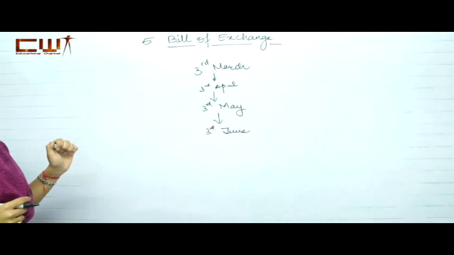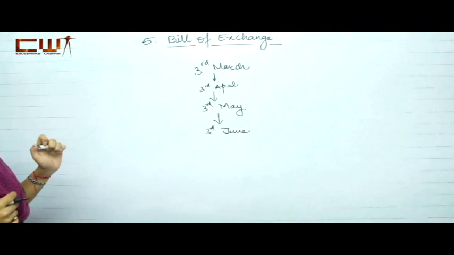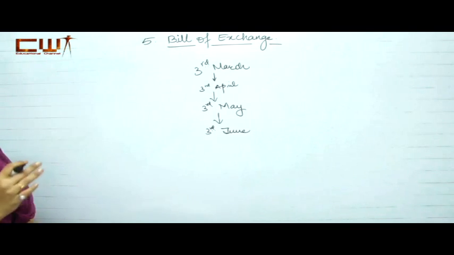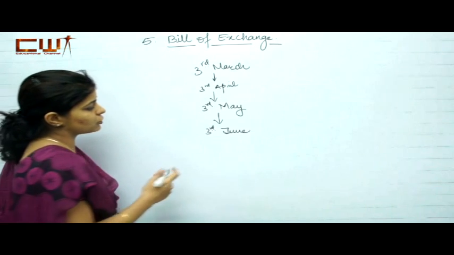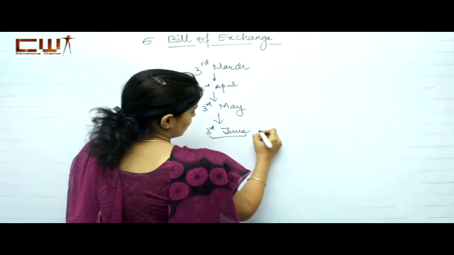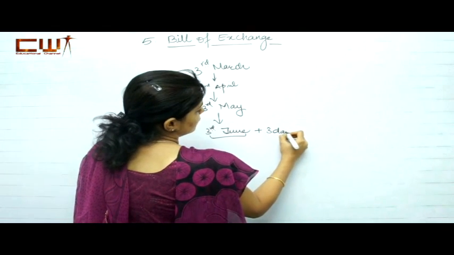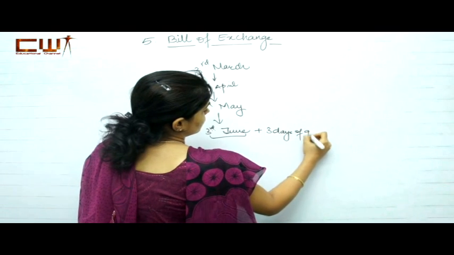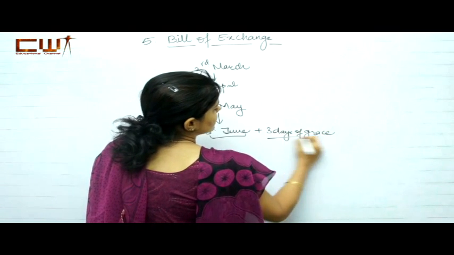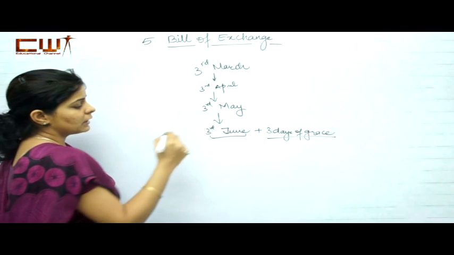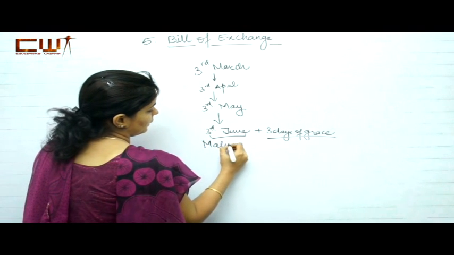The due date will be 7th of June, because you have 3 months and you have 3 days of grace. 3 extra days which are being there, that is the maturity date.